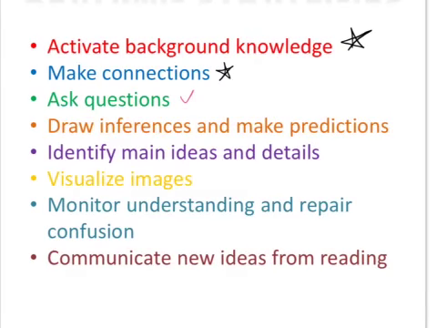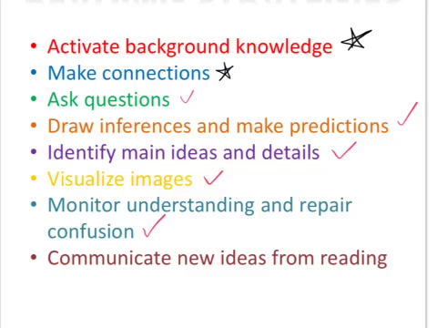Identify main ideas and details. That's basically deciding what is a main idea, what is a detail, and figuring out the difference between the two. Visualizing images, which is to simply create a picture in your mind of what you're reading. Monitor understanding and repair confusion. That essentially means that while you're reading, you need to keep track of the things that you're understanding.